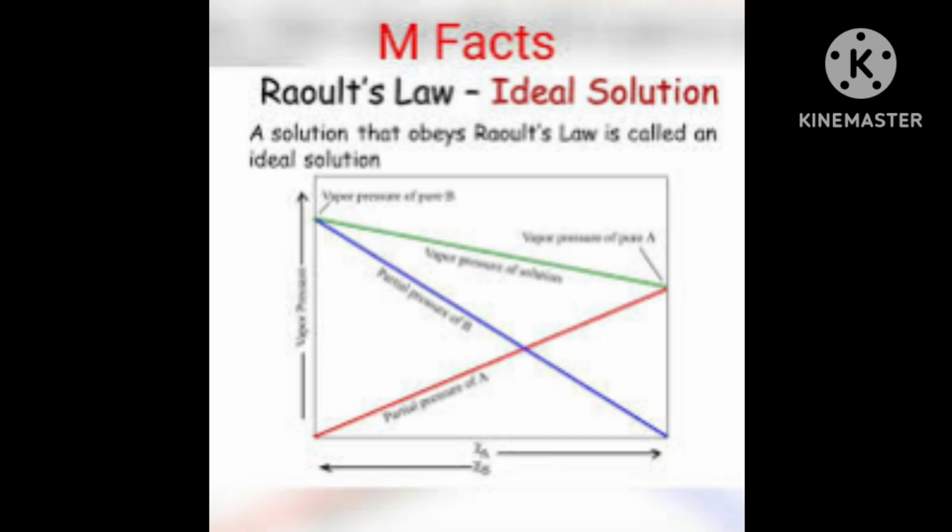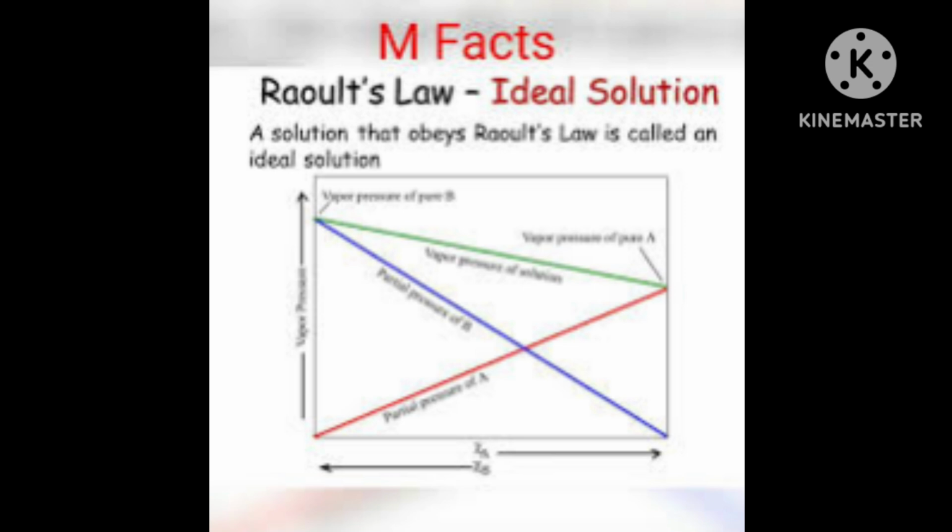If you take these 2 points, P1 0 and P2 0, and join them, P1 0 is less and P2 0 is more, so one line you can draw, one end down, the other up.